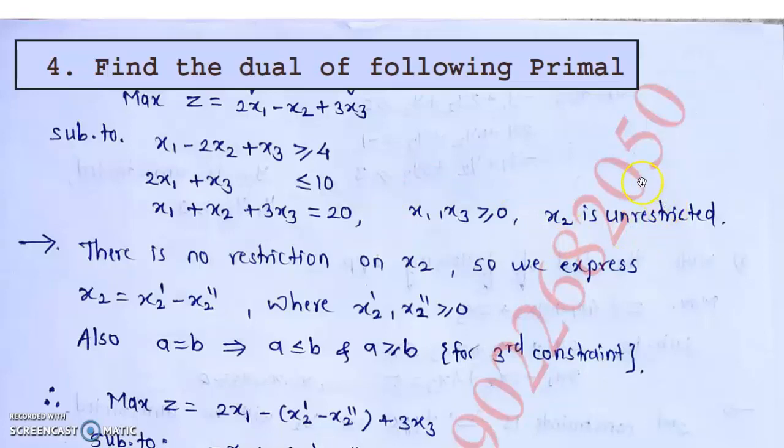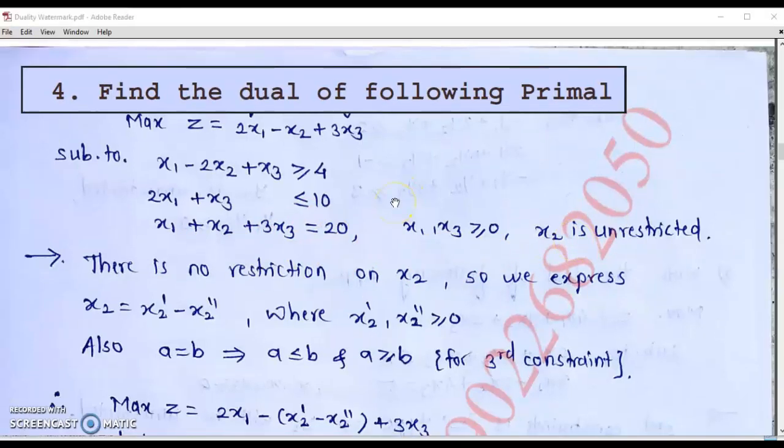So we have no restriction on x2. It may be positive, it may be negative or 0. Therefore, we have to handle x2 in this way. So see, two things here: an equality constraint and an unrestricted variable. In the discussion at the start, we had seen that if the ith variable is unrestricted, then the ith constraint will be of equality type, and vice versa.